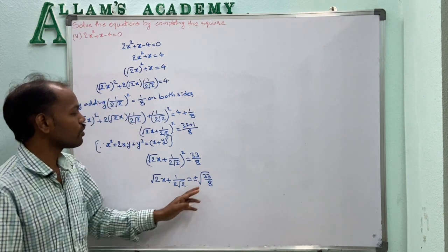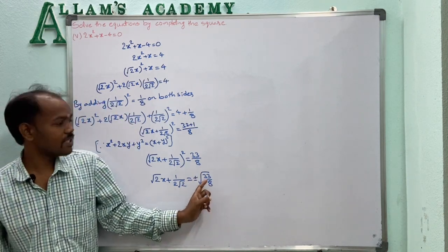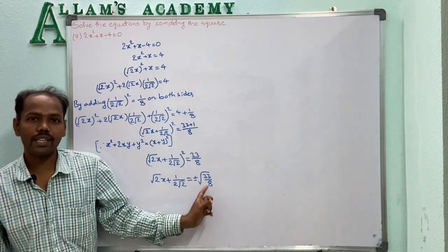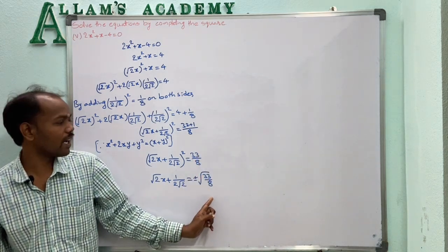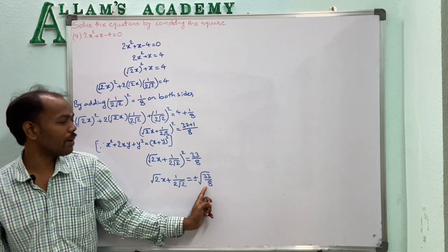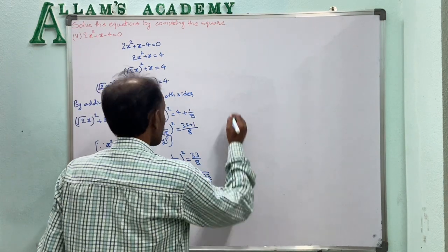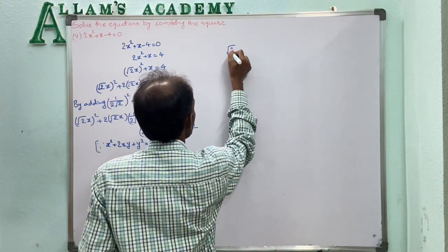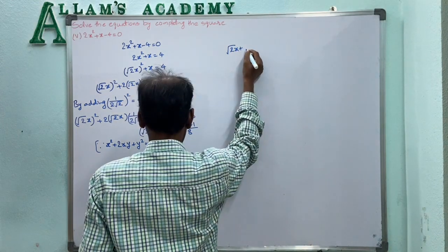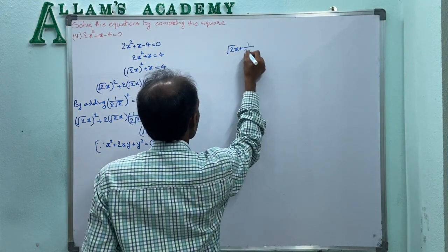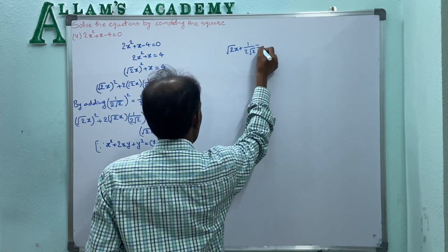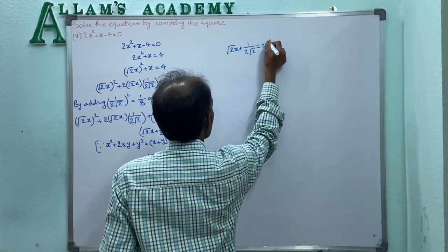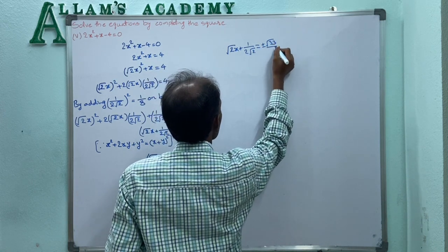Now root 33 by 8, that is in the form of root x by y, that equals root x by root y we can write. That means root 33 by root 8. So root 2x plus 1 by 2 root 2 equal to plus or minus root 33 by root 8.